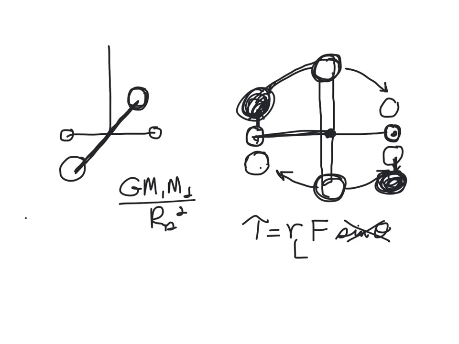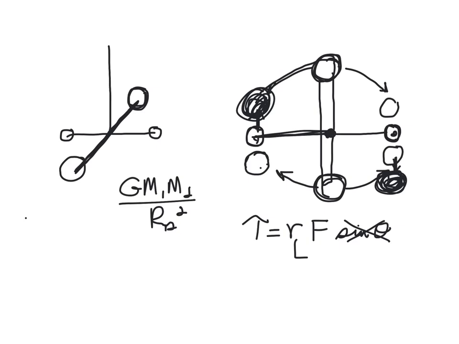And since there's 2 forces, the total torque will be the sum of both torques, right? Because this force is torquing this clockwise, and the torque on this one is torquing this clockwise. So this is clockwise torque, which is double the individual torques.